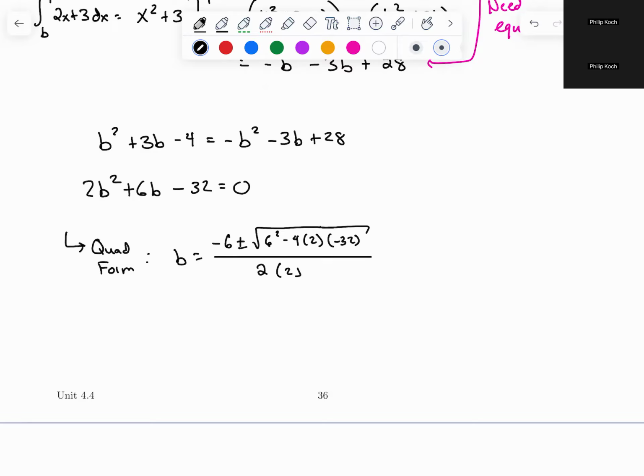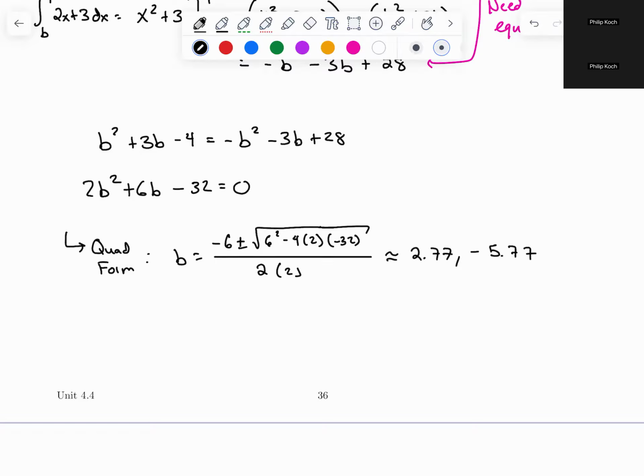Let's see here, negative 6 plus the square root of 36 minus 4 times 2 times negative 32, all over 4. I get b equals approximately 2.77 and then negative 5.77.